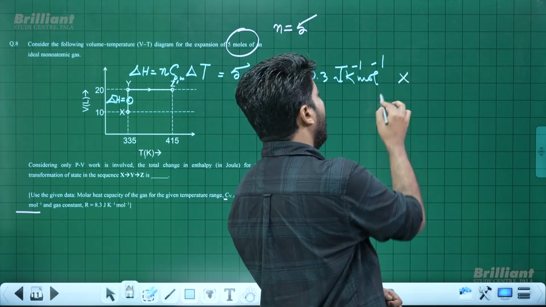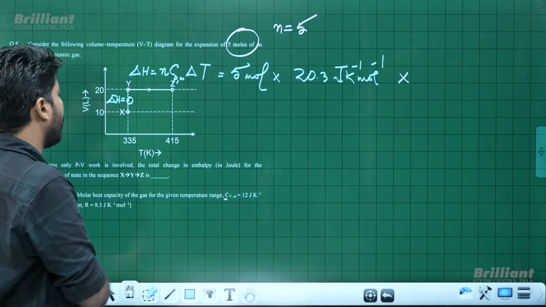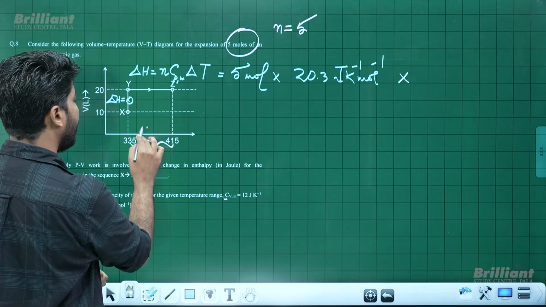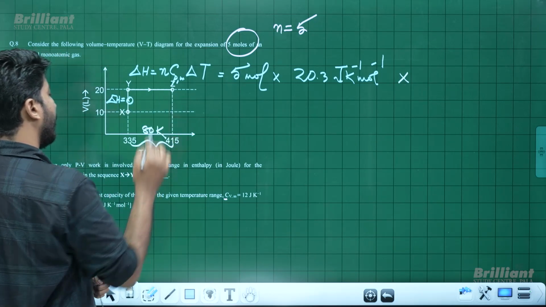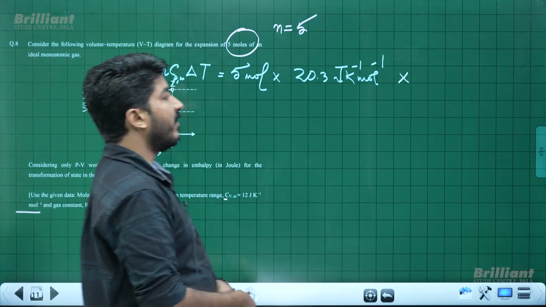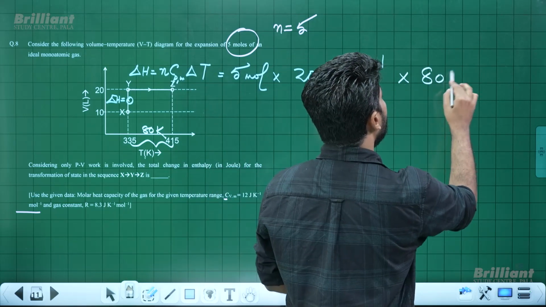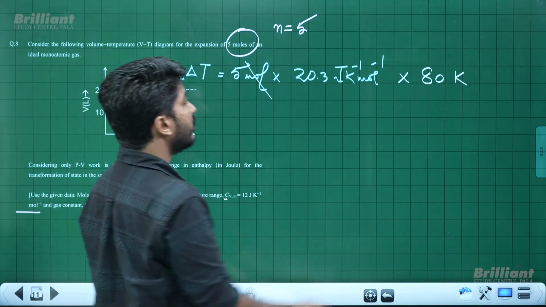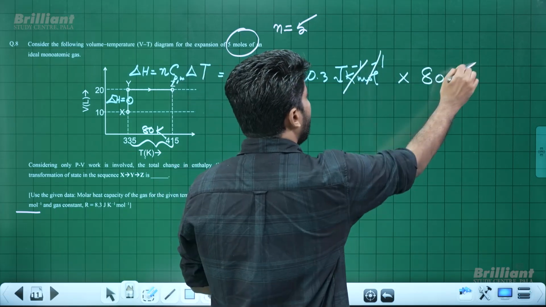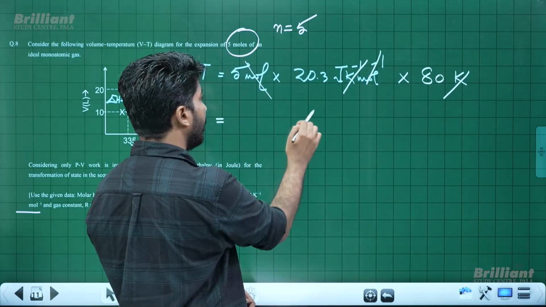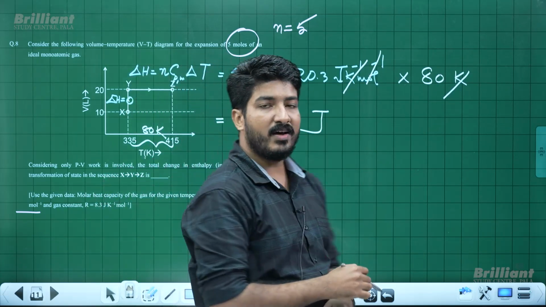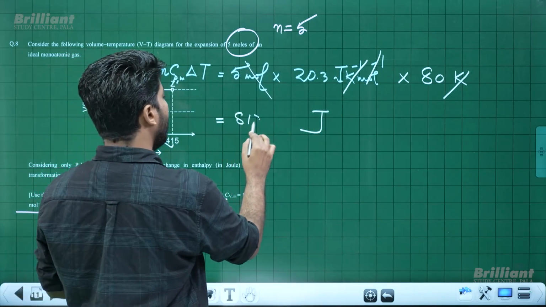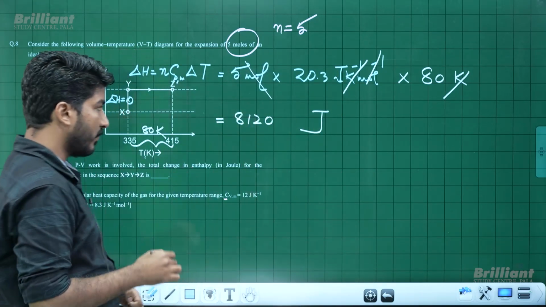Now, delta T, the temperature change. This is the temperature change for the Y to Z process and that is 80 Kelvin. So 80 K is the delta T for the YZ process. If we look into the units, mole cancels, Kelvin cancels, and finally we get the answer directly in joules, and that will be 8120 joules.